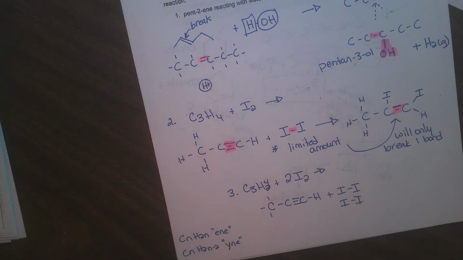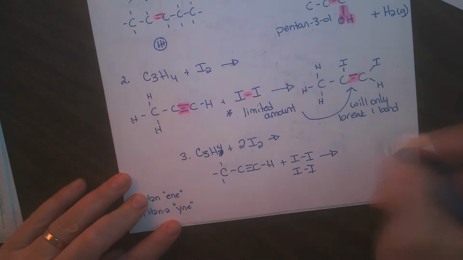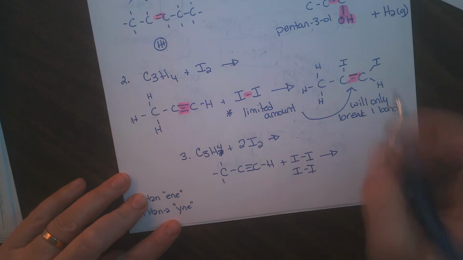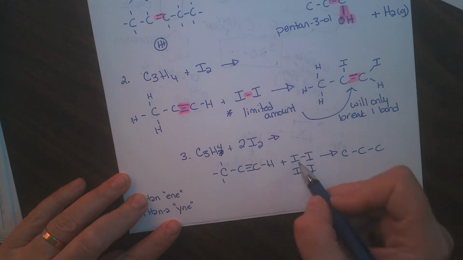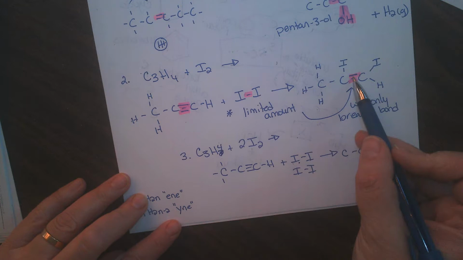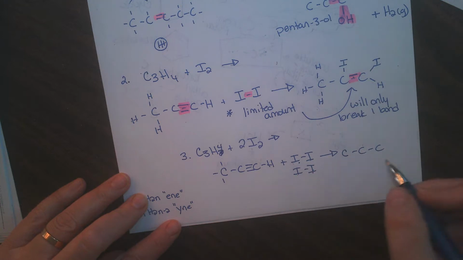I have two I2s now. C3H4, same thing. I put 2 there, Declan, and I crossed it off. Yeah, I know. I'm sorry. I'm going to get my same 3 carbons. This first set of iodine is going to break one bond. This second set of iodine is going to break the second bond.